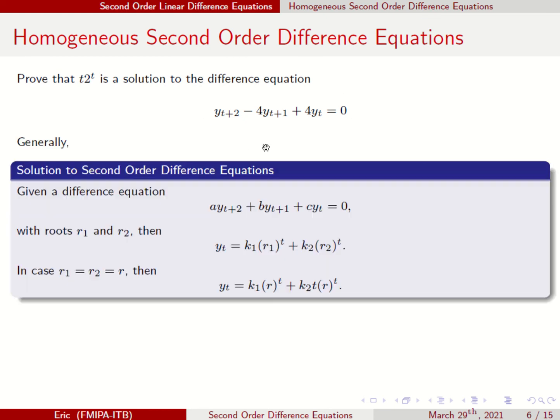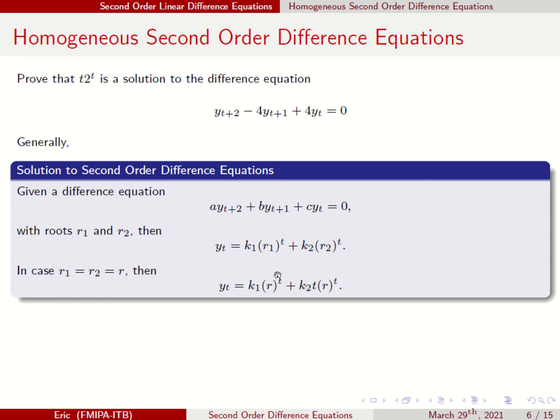So in general, if you have a double root, the solution is k1 times r to the power of t, plus a second constant times r to the power of t multiplied by t.